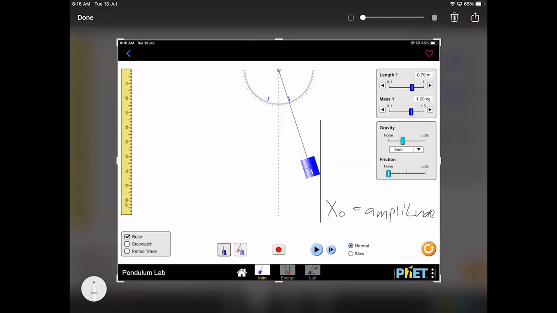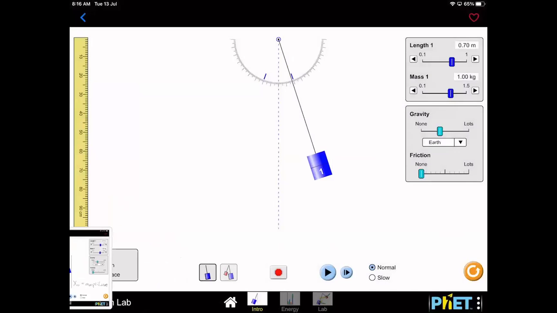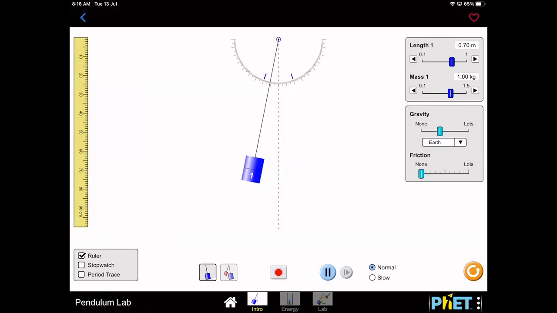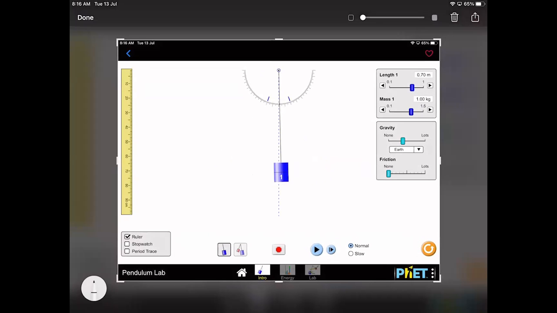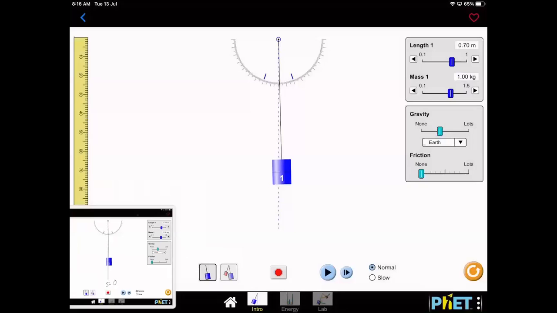And then we can go back and we can let it go to its middle displacement. There we go. And that would just be the 0 line. So at this point, it would be at 0 displacement, or s equals 0. And then we can let it go in the opposite direction.